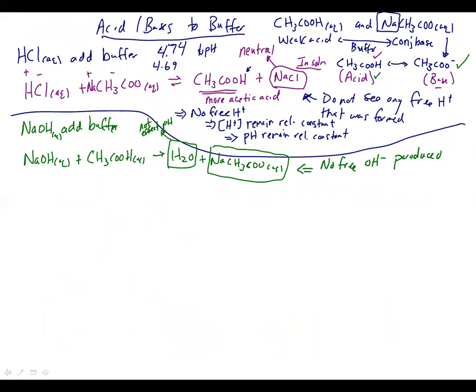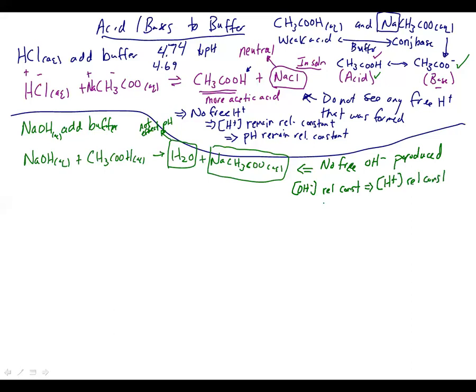And it's the same logical thinking as above. Because no free OH minus is produced, the OH minus concentration is relatively constant. And because that is relatively constant, that would also keep the H plus concentration relatively constant.